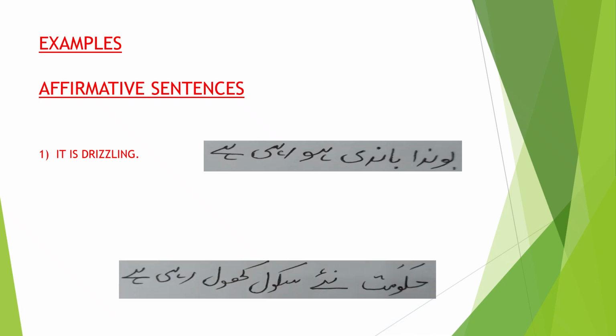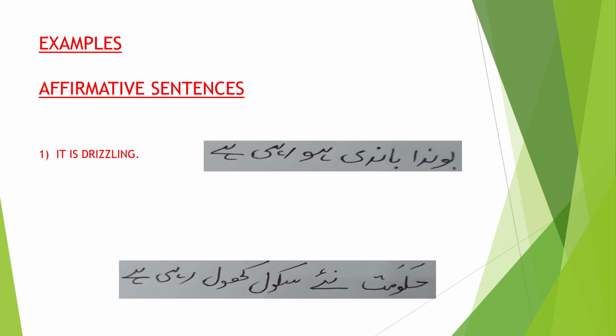Another example for affirmative sentences from your book is hukumat naye school khol rahi hai. If you look at the sentence carefully, again you will see the use of rahi hai, indicating present continuous. Khol, open. Hukumat, government. Naye school, new school.